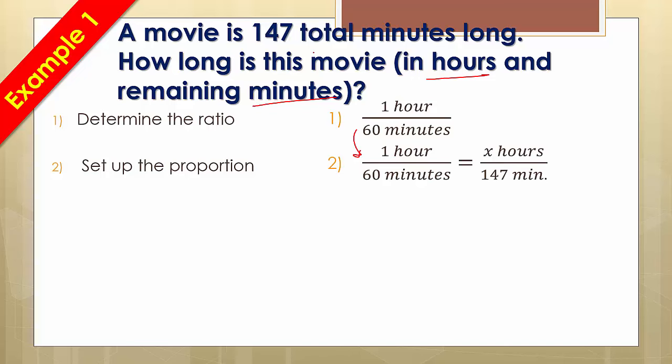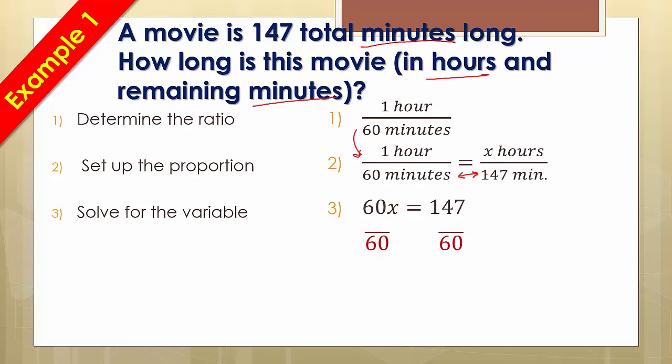They told us that the movie was 147 total minutes. So that means that this and this should both be the minutes. And this is total minutes, which we have. And notice we don't know how many hours. That's what we have to determine. So we solve for the variable. We have 60x equals 147, and then we go ahead and divide both sides by 60.